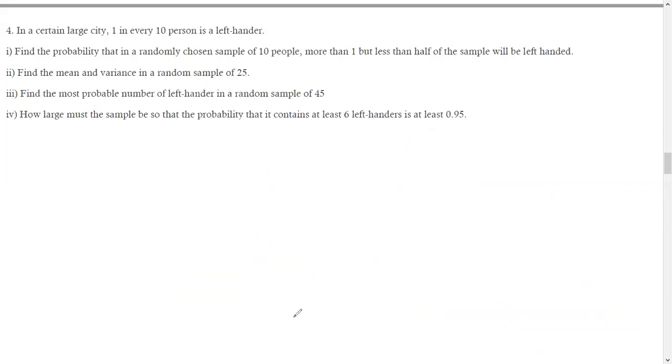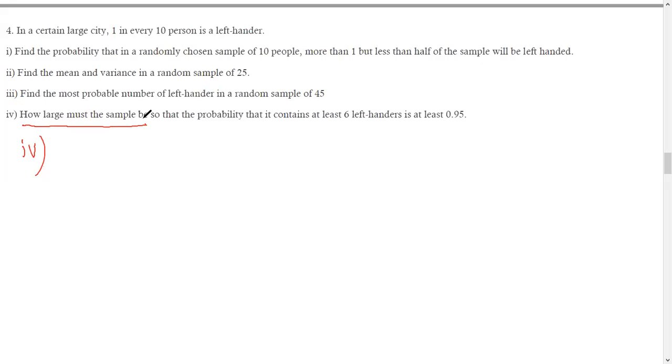Okay, let's move on to part 4. How large must the sample be so that the probability that it contains at least 6 left-handers is at least 0.95? So where is the unknown? The unknown for part 4 is how large the sample must be.